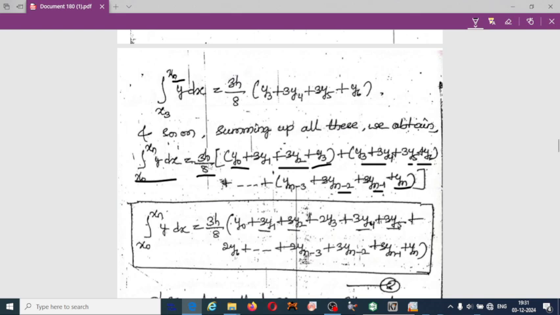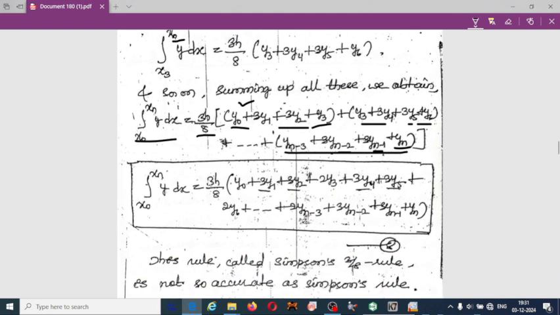So if you observe for the 3h by 8 rule, y0, 3y1, 3y2 plus y3, so 0, 1, 2, 3, and if you take the second bracket it will start with y3, y4, y5, y6. Like that you can apply this rule here for 3h by 8.